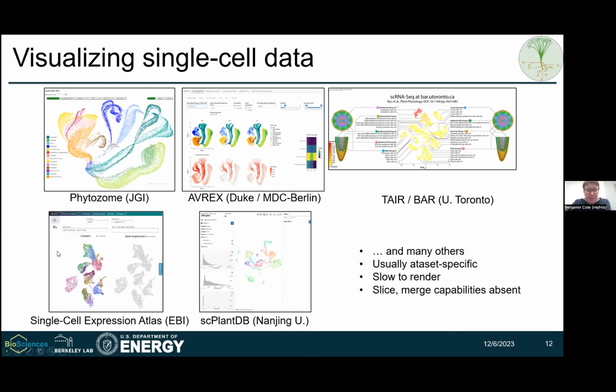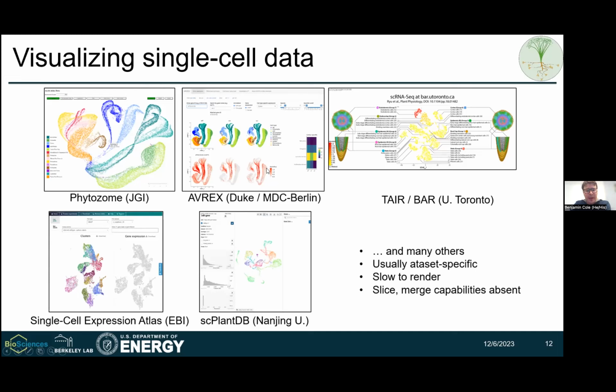So, in the plant community, a lot of different visualization browsers have cropped up over the years, and a lot of these are really amazing. So, shameless plug for the JGI, we have one of the Arabidopsis resources at Phytozome.